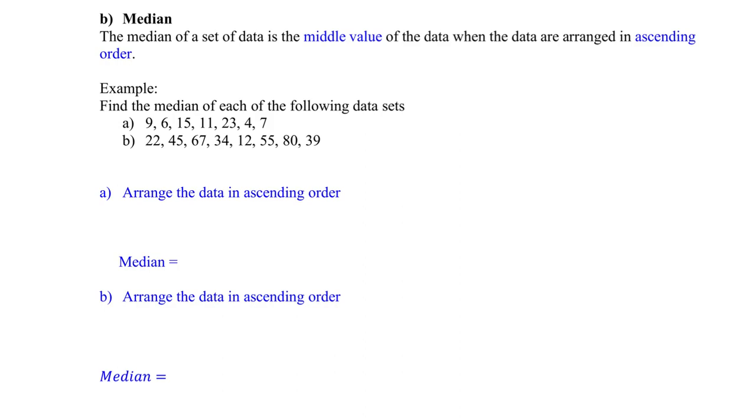Meaning, every time we want to find a median, we must first arrange in ascending order. So for the very first example here, part A, you will see Mr. Tan going to arrange this set of data in ascending order first.